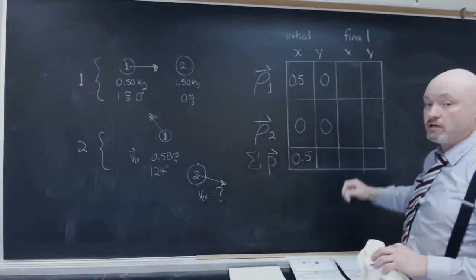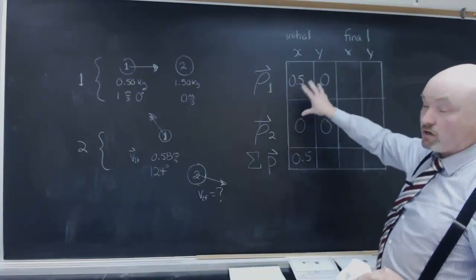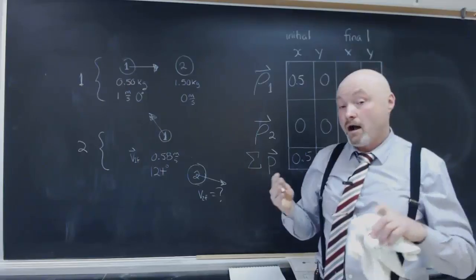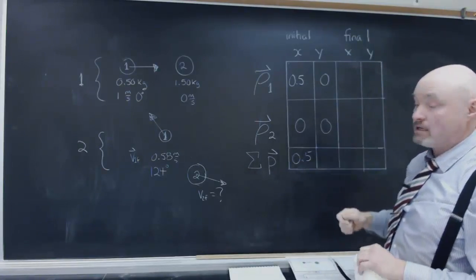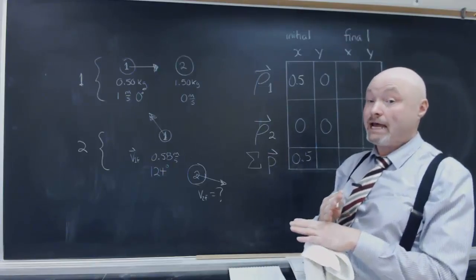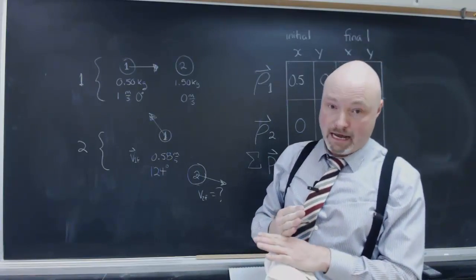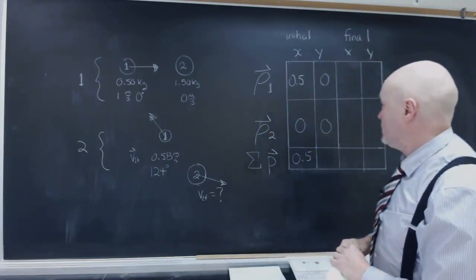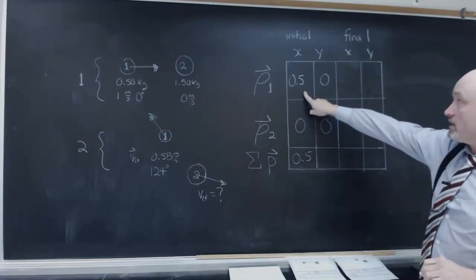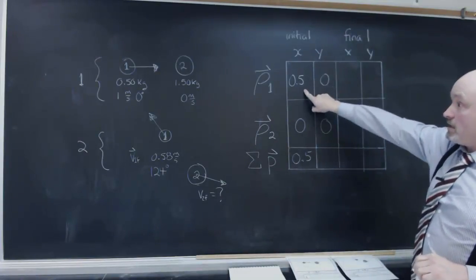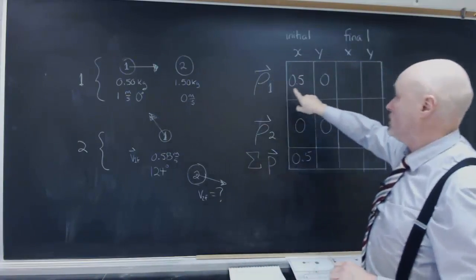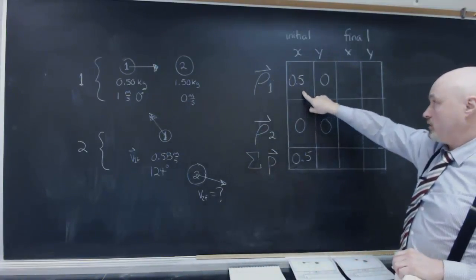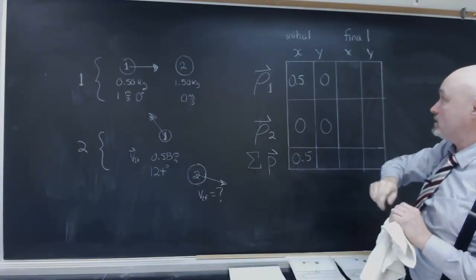We're going to have conservation of momentum, and conservation of momentum works with orthogonal or perpendicular components. They are essentially independent, and they have to add up to the same thing before and after the collision. We've done a little bit of calculating here. We've put in our momentum for the first ball in the x direction. It's 0.5 kilogram meters per second.